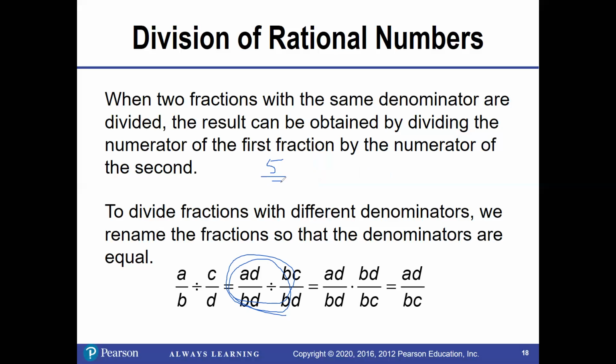5/7 divided by 3/8. Instead of getting the old common denominator, what you should do, and what Texas will have you do, is take the first fraction, and then we're going to change it to multiplication.